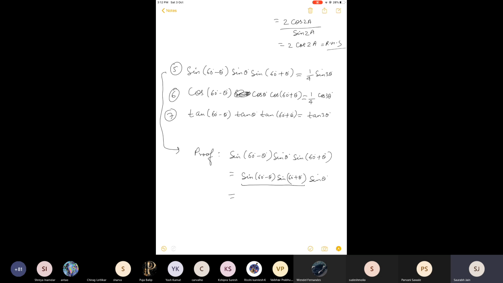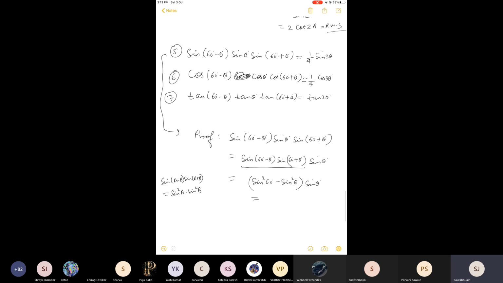Sine A minus B into sine A plus B is equal to sine square A minus sine square B. What is A here? A is 60, so it will become sine square 60. What is B? B is theta here, and it is into sine theta.